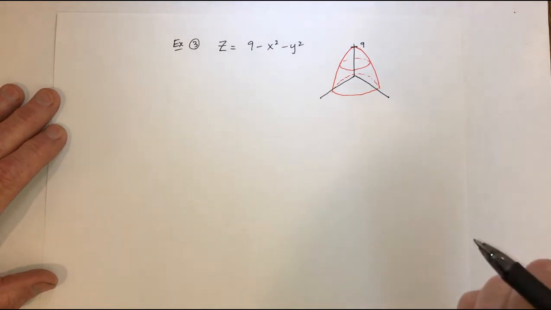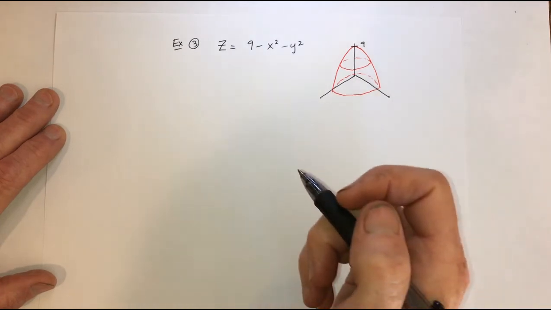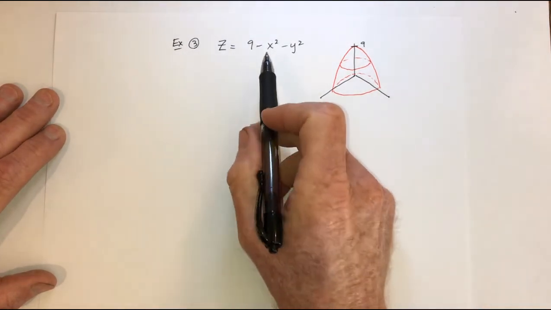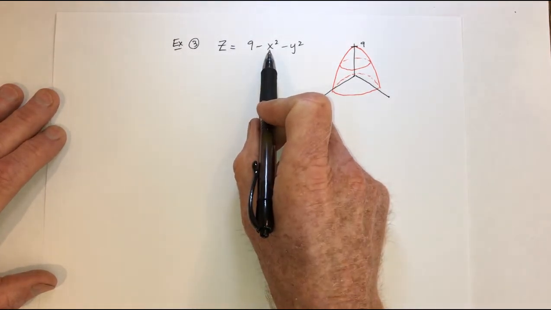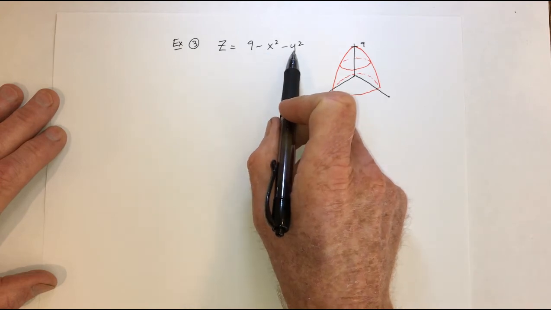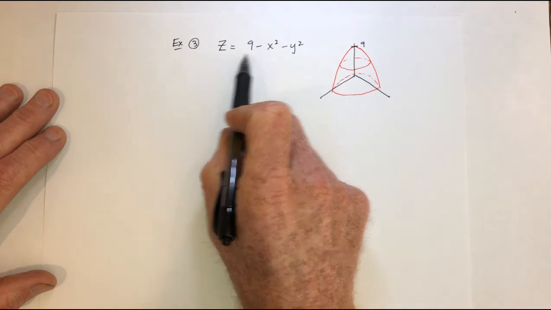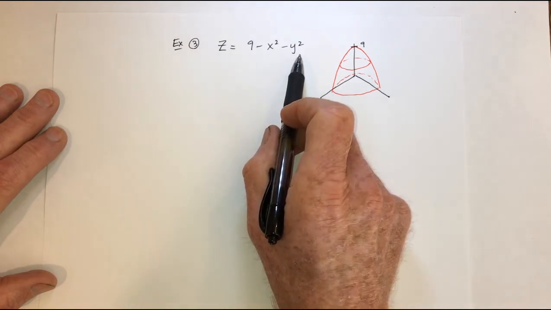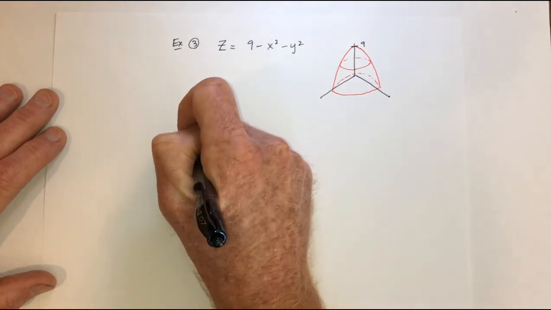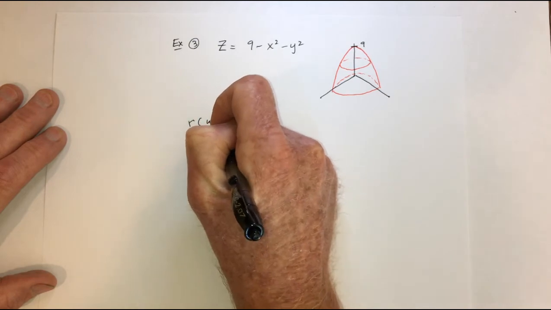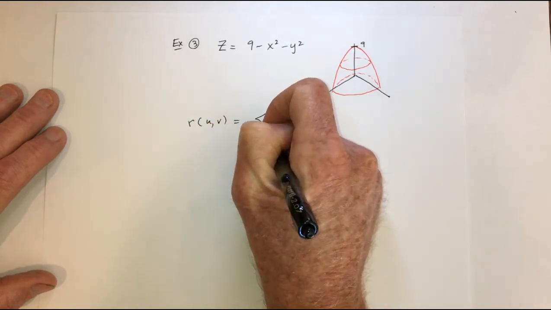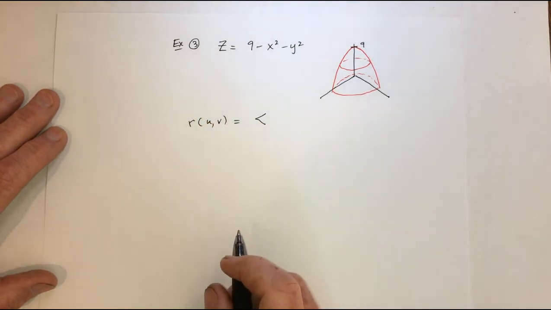So now change this to parametric. So what I could do is I could just replace the x with u, and I could replace the y with v. So instead of it being a surface function, then we make it a vector valued function. So then r as a function of u and v is going to be these vectors.